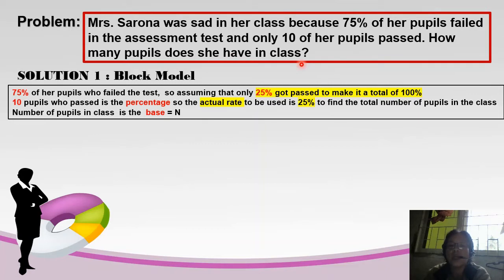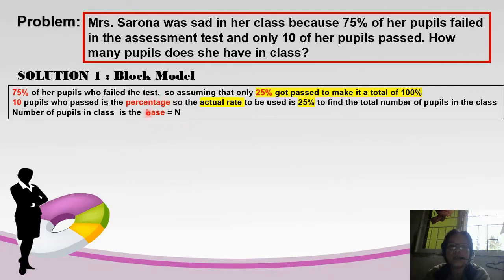However, we are not sure yet how many there are, because this is the problem that we're going to find a solution for. Then we have 10 pupils who passed, which is the percentage. So the actual rate to be used is 25%. To find the total number of pupils in the class, the number of pupils in the class is the base. So therefore, this is the missing.